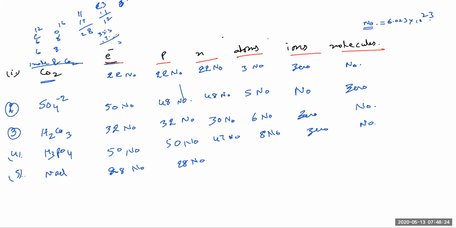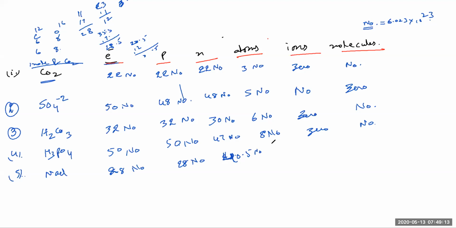So 18.5 neutrons. Neutrons 12 plus 18.5.